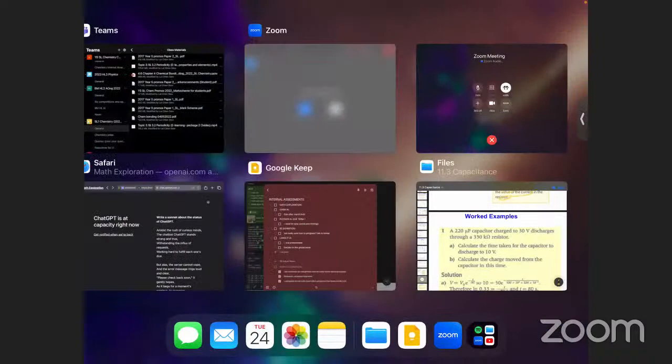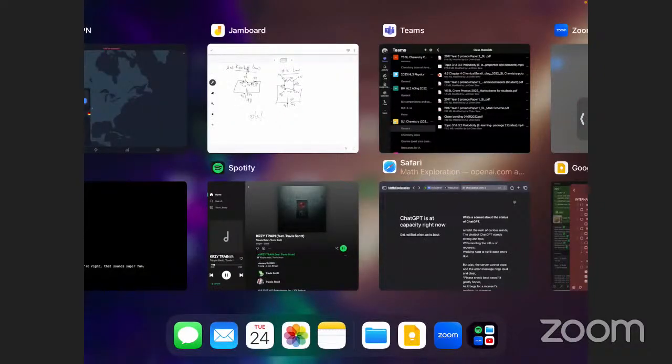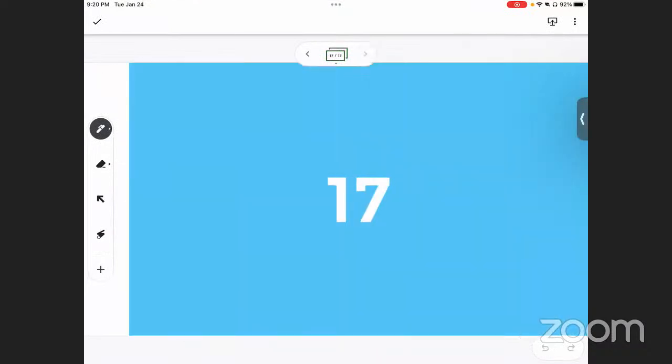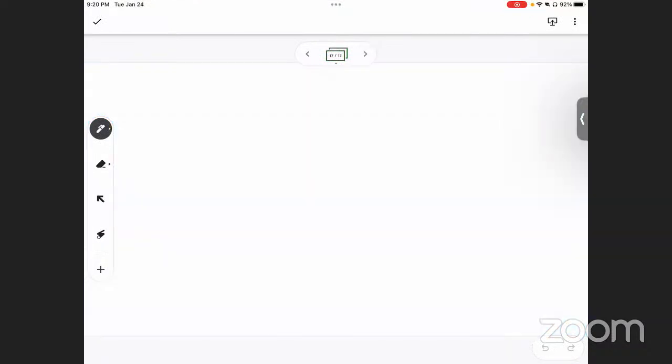Okay, I'm going to put a graph in. Just a minute. Okay, good. So I will answer the question purely using the graph right now. You see a graph in the Jamboard.